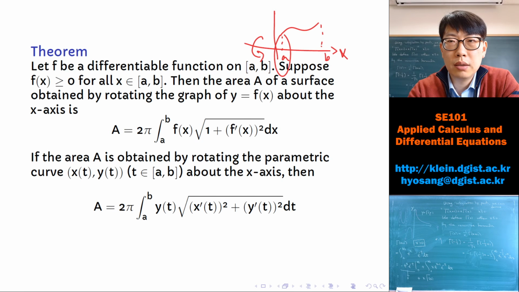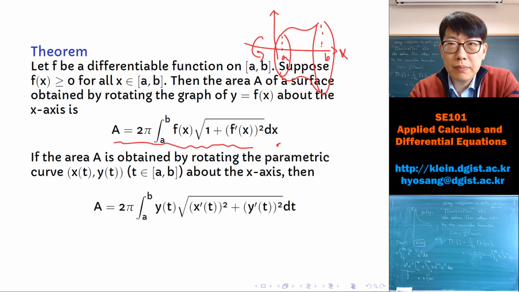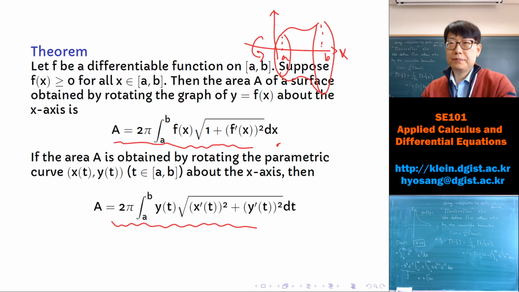So basically you get this 3D object, and then we want to compute the surface area, not the volume of this object. The surface area is given by this formula. I'm going to explain why we get this one. Also, if you take your curve as a parametric curve, not the graph of a function, you can replace that with this formula.